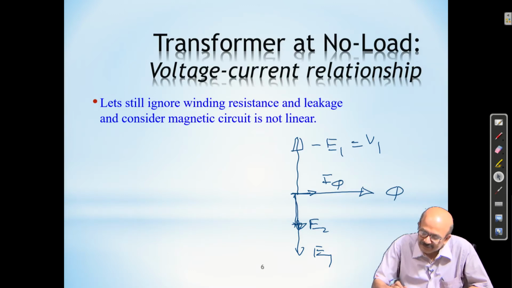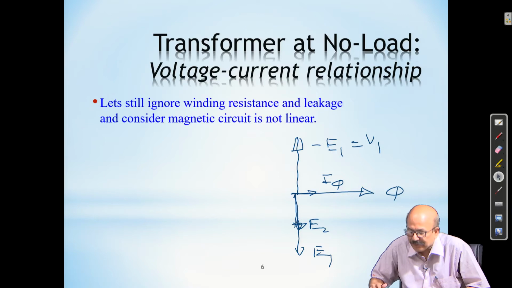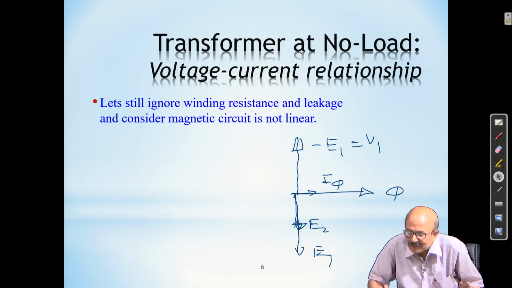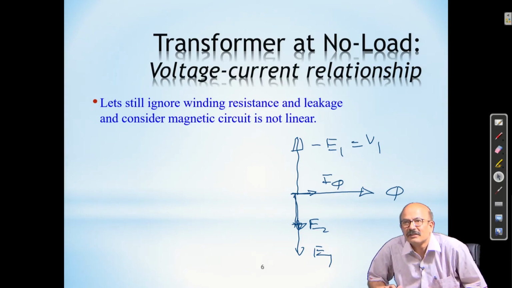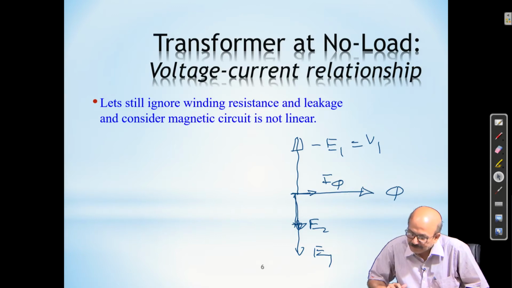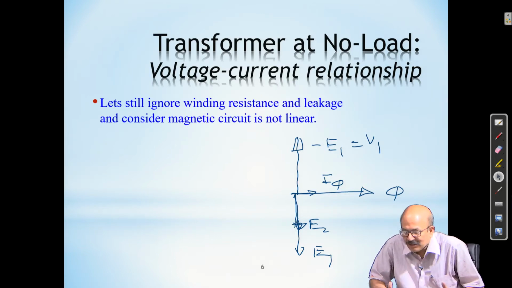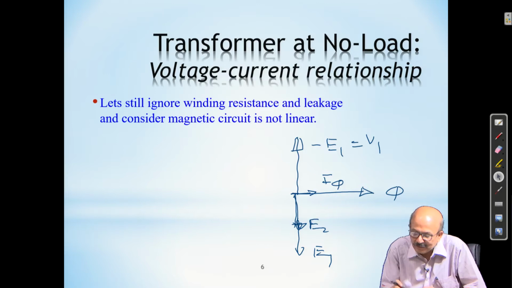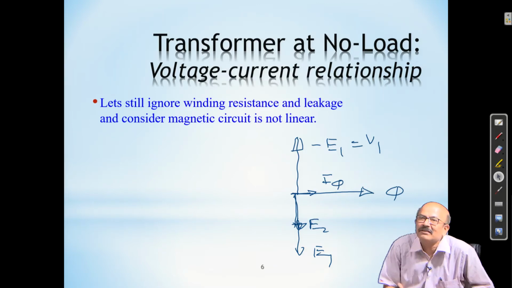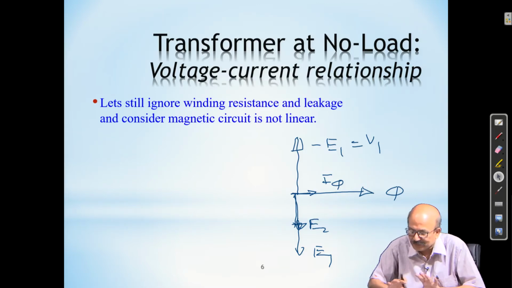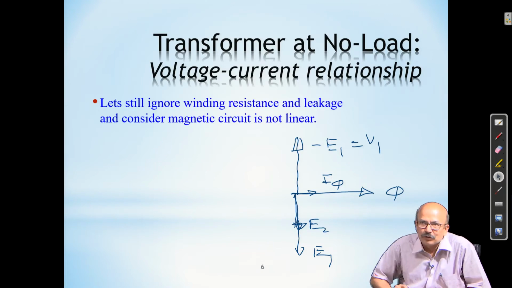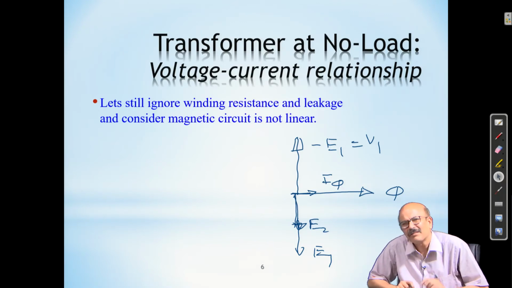In this phasor diagram, all quantities are of fundamental frequency, which is normally 50 Hz here. So, you cannot actually show another component which is rotating at 3 times the 50 Hz. That is not possible, so we do not show the third harmonics component here. Third harmonics is actually very negligible.